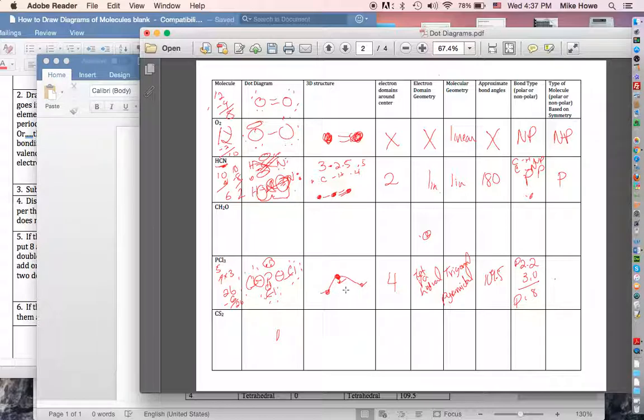So the center of that would be at the base of the pyramid, somewhere in there. Since chlorine's more electronegative, that means the phosphorus is going to be positive. Electrons are going to leave it. So, is the center of negative down here, and the center of positive up here, are they in the same place or different places? They're in different places. So that makes the molecule polar.